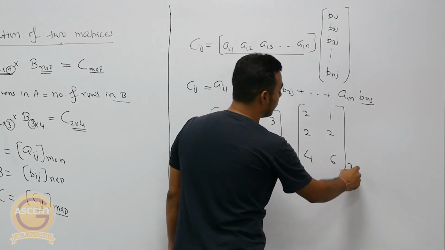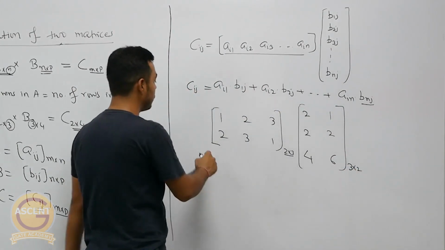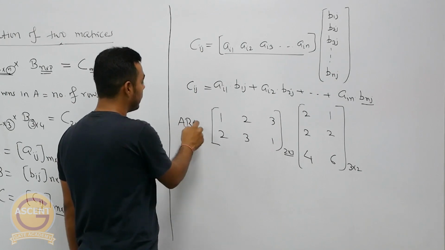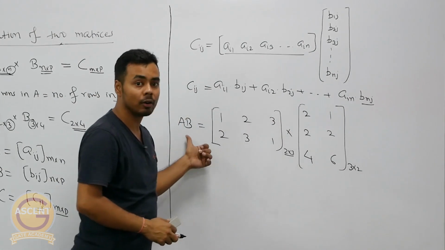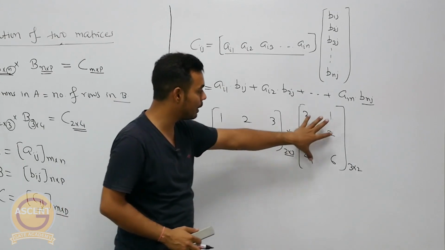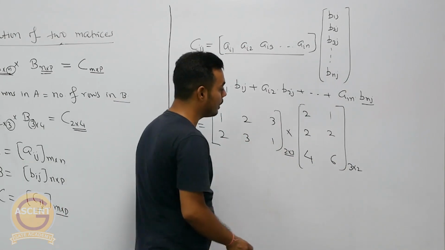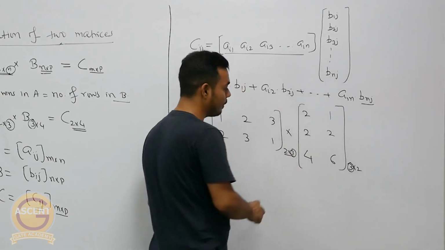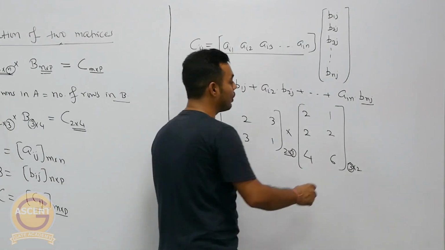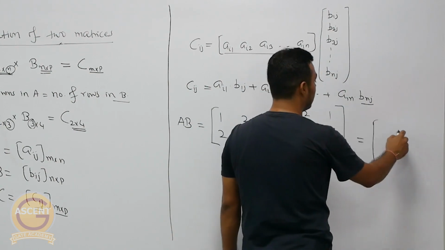The order of this matrix is 3 into 2. Suppose these are the two matrices A and B. The order of matrix A is 2 into 3, and the order of matrix B is 3 into 2. Now you can multiply these two matrices because the number of columns in A is the same as the number of rows in B.